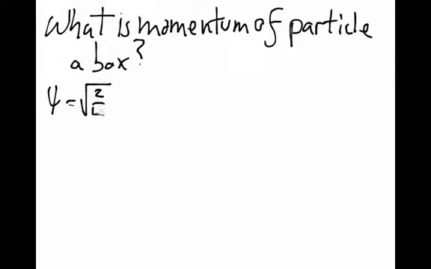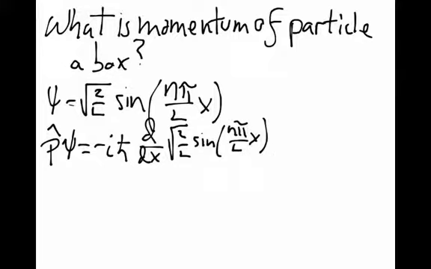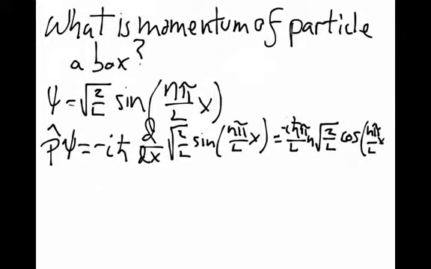Well, let's see, we have psi equal to the square root of 2 over L times sine of n pi x over L. And we can operate on that with our momentum operator. p hat times psi is equal to minus i h bar times the first derivative of the square root of 2 over L sine of n pi x over L. That is equal to, let's see, a minus i h bar, and we get a pi and an n divided by L pulled out of the sine, times the square root of 2 over L times now cosine of n pi x over L, because the first derivative of sine turns it over into cosine.